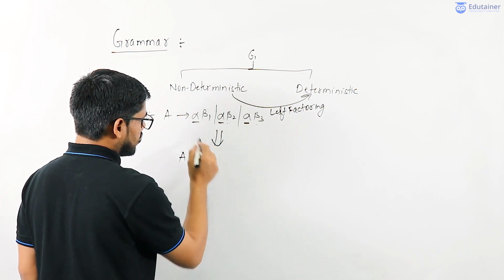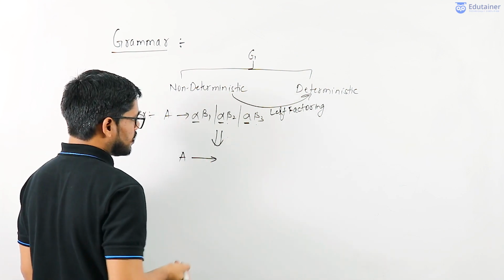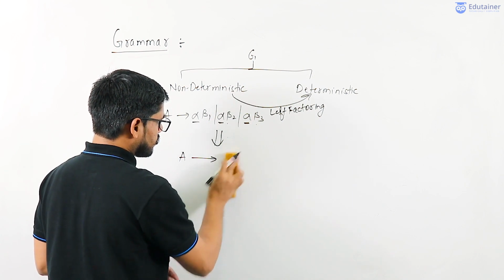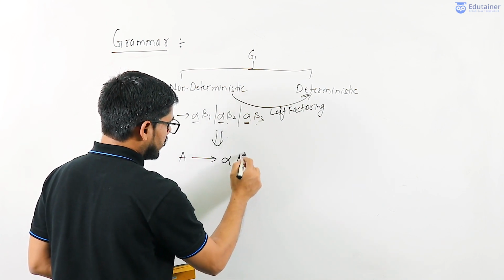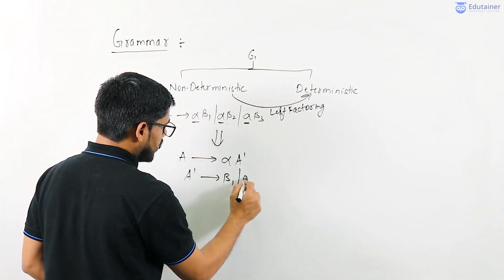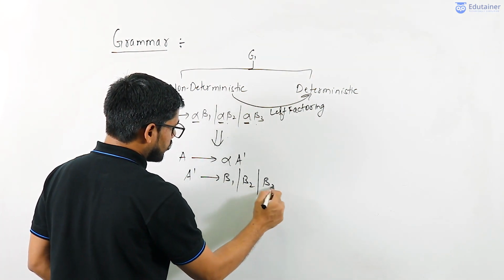For example, this grammar can be converted like this: A derives alpha A dash, and then A dash can derive beta 1, beta 2 or simply beta 3.